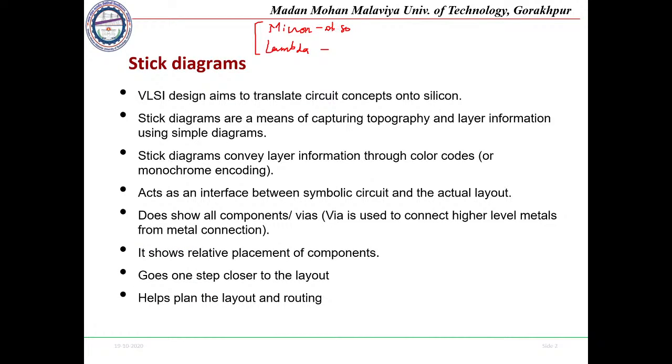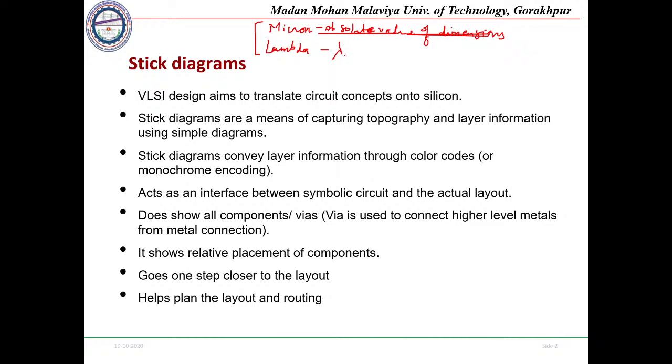Absolute values of dimensions we will be taking. But in case of the lambda value, whatever dimensions we need to design into the layout, the different dimensions of a particular layer, we will be designing in terms of lambda.